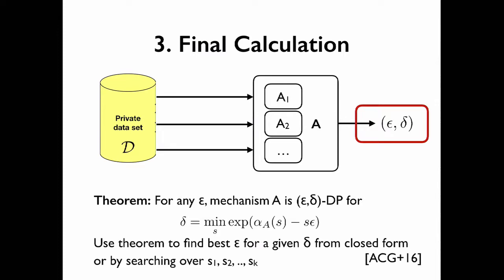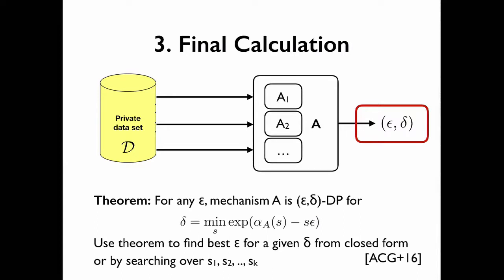The idea is you can use this theorem to find, if you have a delta budget, meaning some restriction which says delta cannot go below a certain amount, then you can find the best epsilon for this delta. Or if you have an epsilon budget which says your epsilon cannot go above a certain amount, then you can find the best delta given this particular epsilon. So you can use this relationship to find either the best delta for a given epsilon or the best epsilon for a given delta.